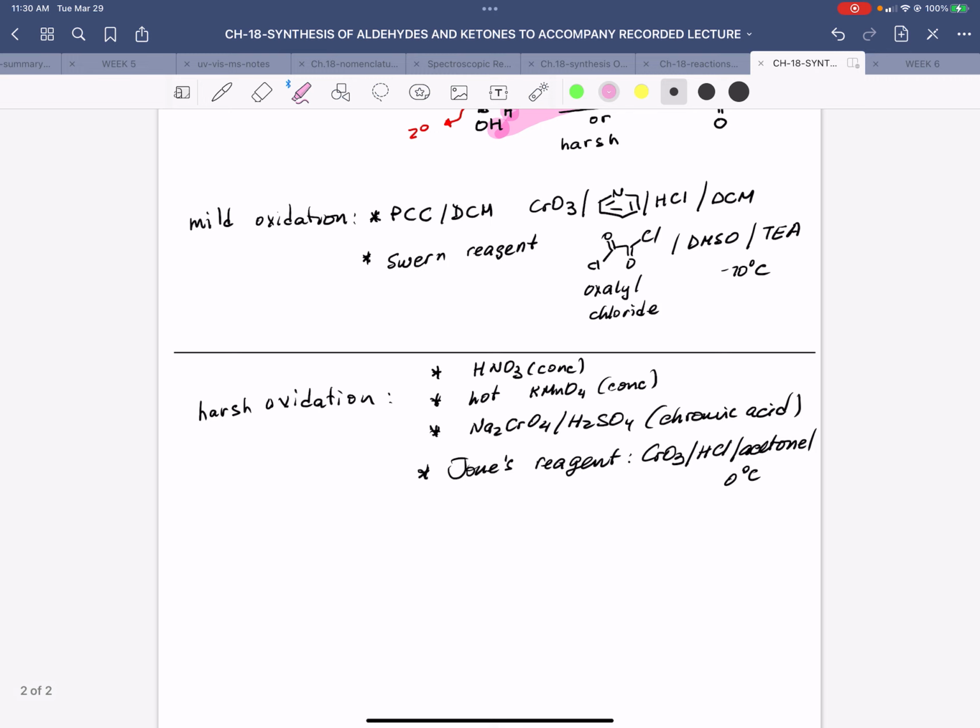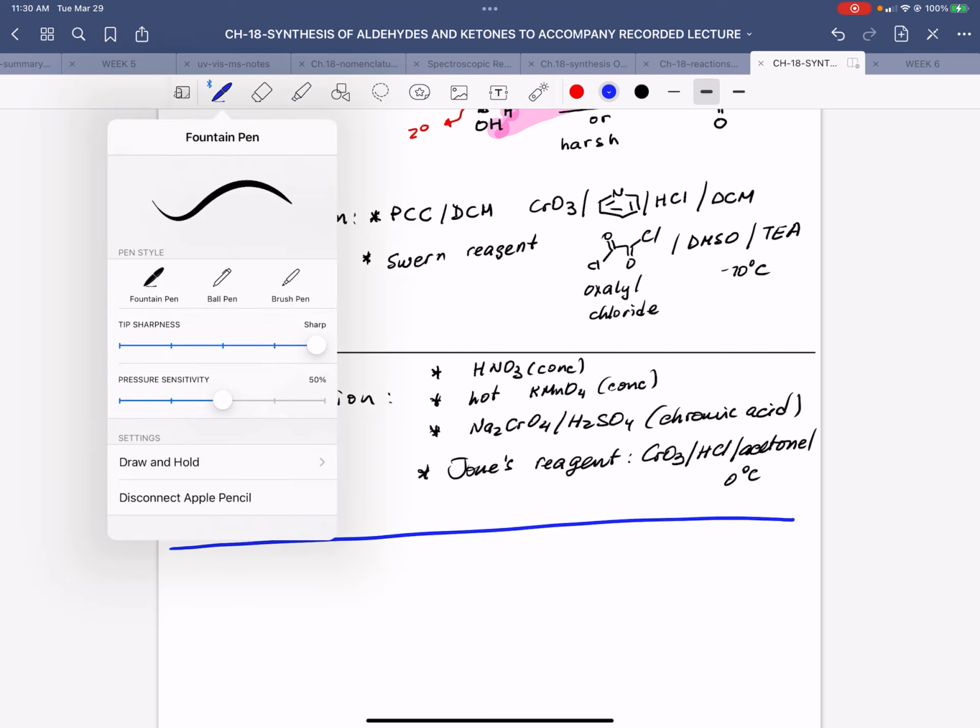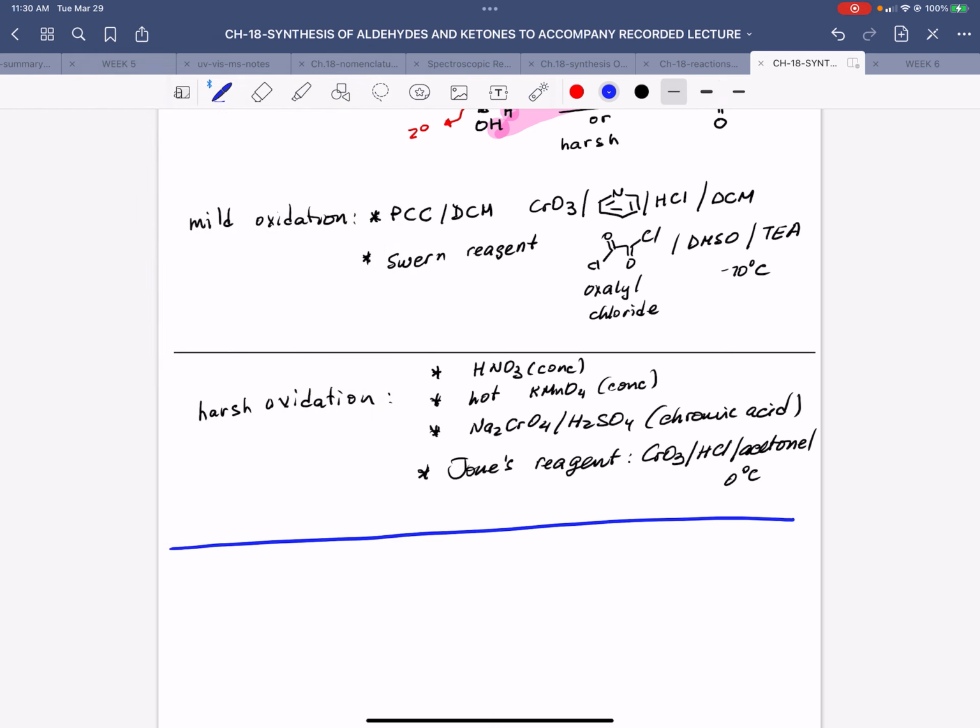However, if I need to make an aldehyde, I have to pay very close attention to my reagents. Okay, so for ketones, aldehydes, my apologies, are produced from primary alcohols.